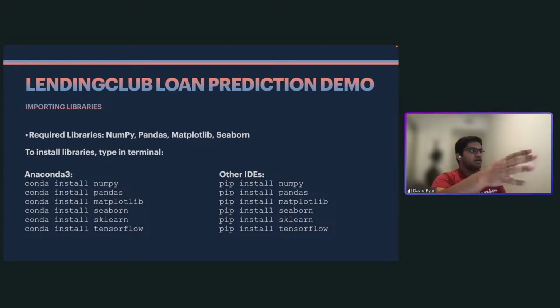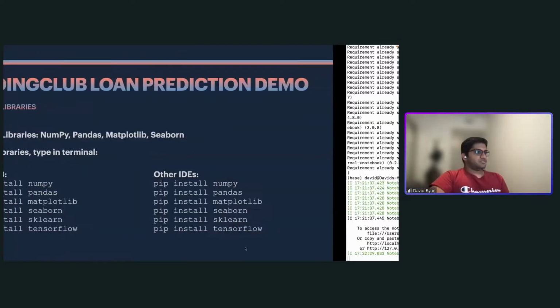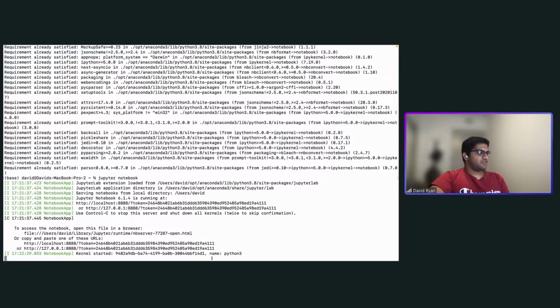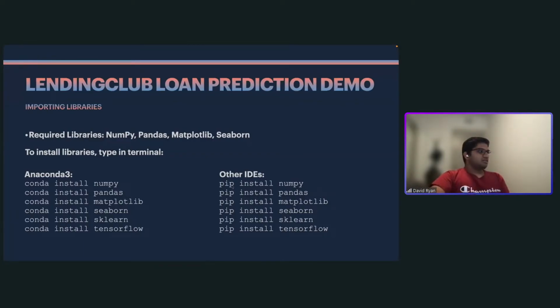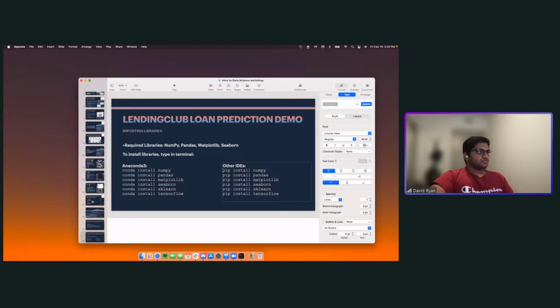If you're using Anaconda 3, you can just do conda install NumPy, conda install Pandas, etc. For other IDEs, you can do pip install NumPy, pip install Pandas, and so on. Jupyter kind of locks me out of the command, so I'll copy all this and put it in the chat for you guys to see.